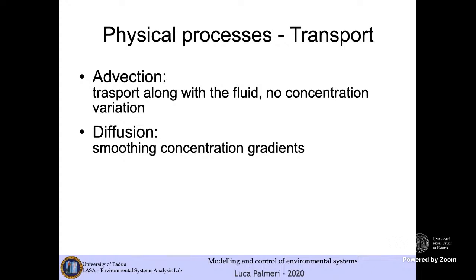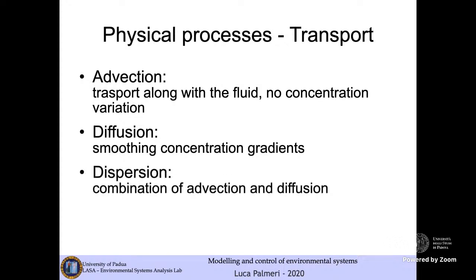The two main processes we shall consider here are advection, that is transport along with the fluid, but also diffusion, that is movement along concentration gradients. So if we take these two processes together, the collective process is called dispersion, and dispersion means combination of advection and diffusion. How can we model this mathematically?